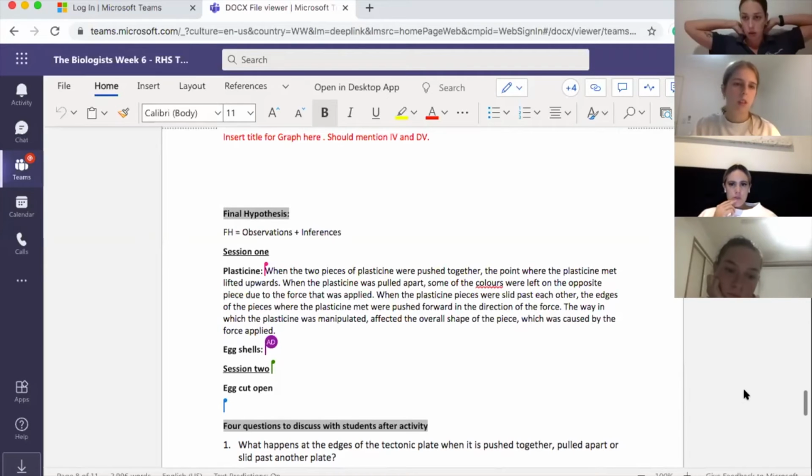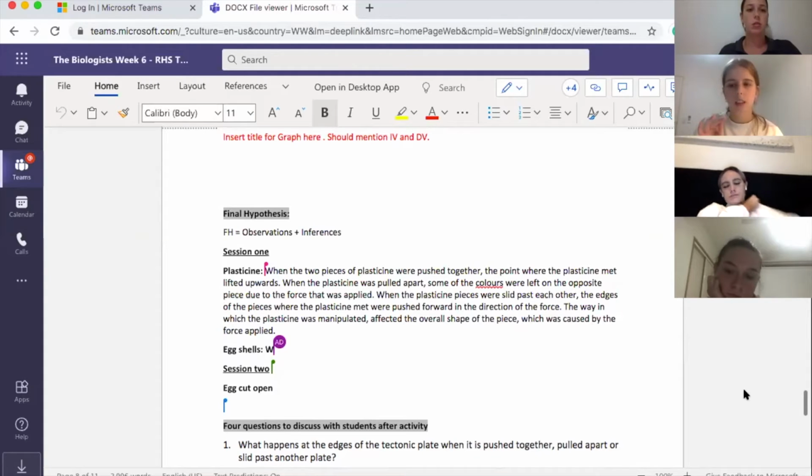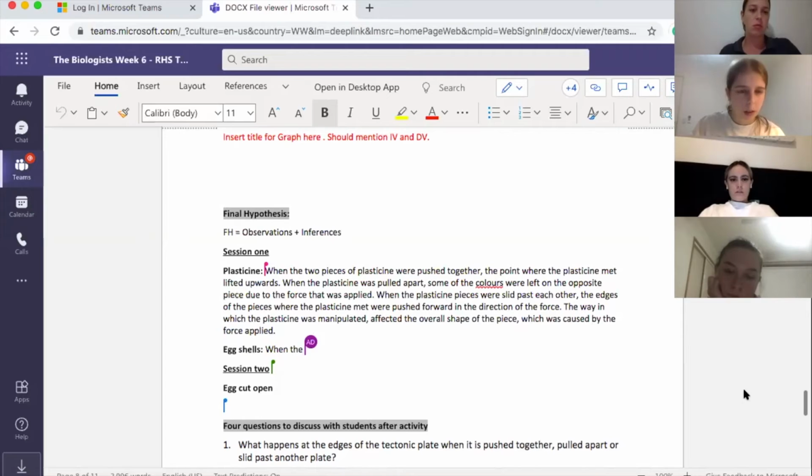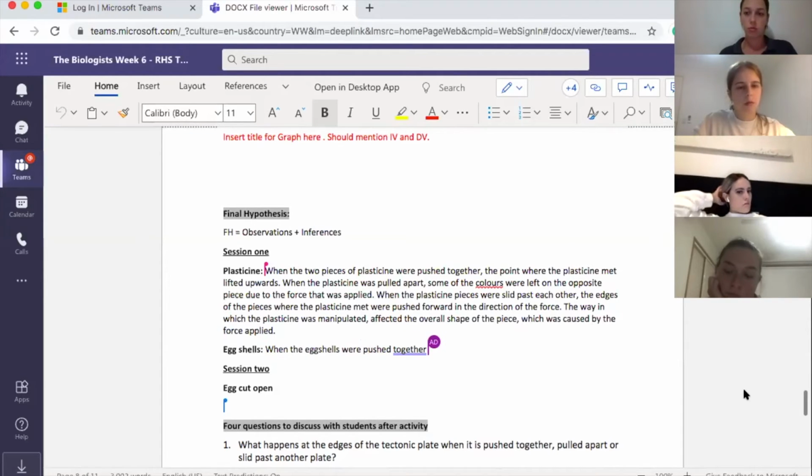When the eggshell was pushed together, it did crack, but it didn't lift off the egg. It didn't fall everywhere. You'd think it'd kind of push up a bit. Let me look at the photo.